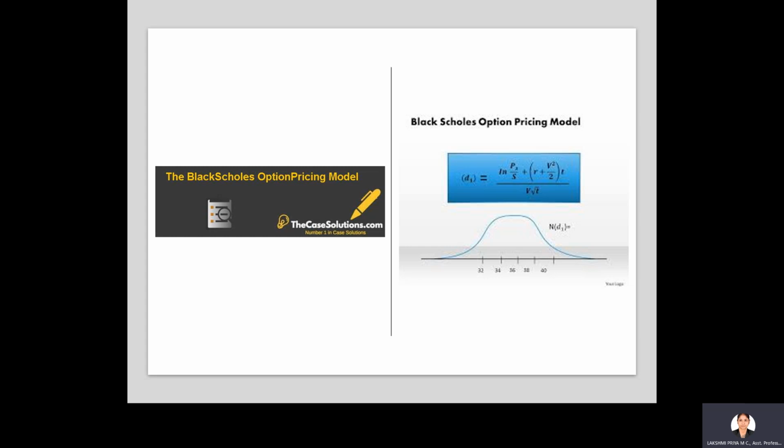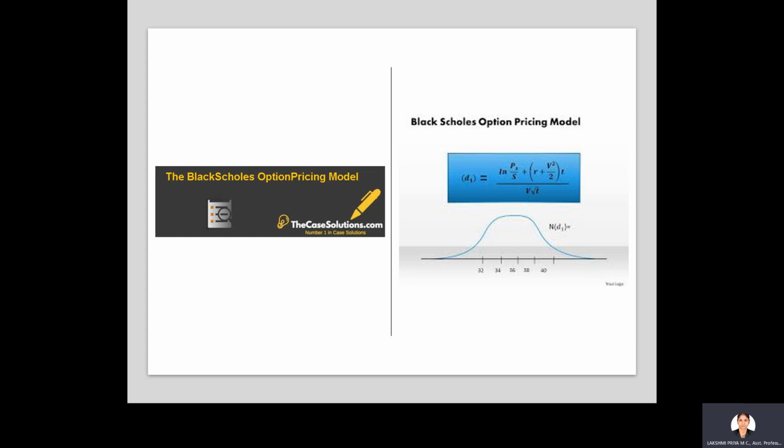The PE multiple is considered the most popular valuation measure today. It is the widely used valuation ratio, and it is defined as market price per share to earnings per share.